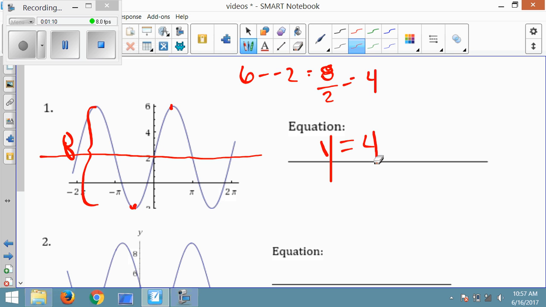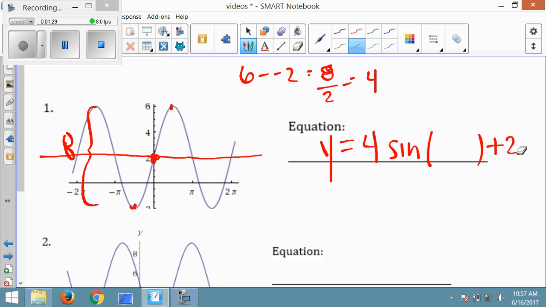Now, if you look at this center point, you'll see we're starting at that center point, so we're going to be dealing with sine. You can see that you are shifted up. We're now starting at 2 instead of 0, so you have a +2 at the end.